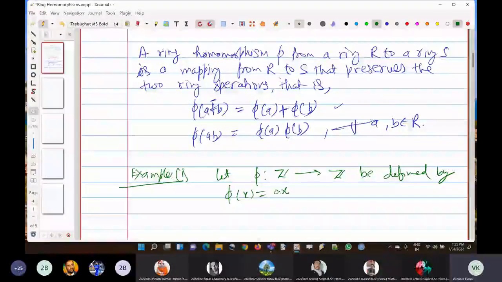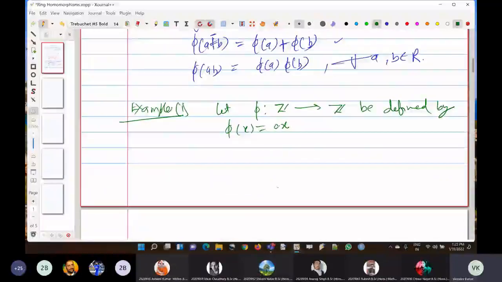Identically, this is going to be 0, since 0 times x is nothing but 0 in a ring. So this is sometimes called the trivial homomorphism.